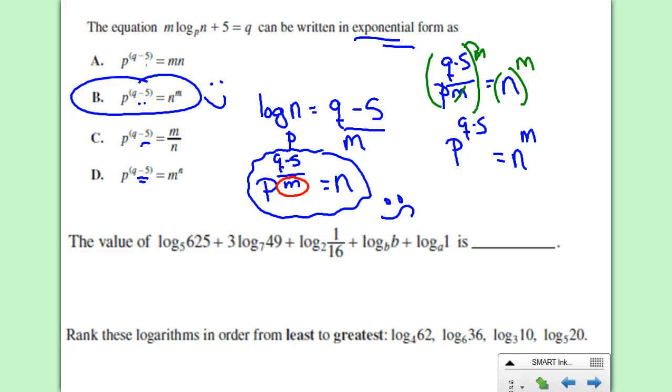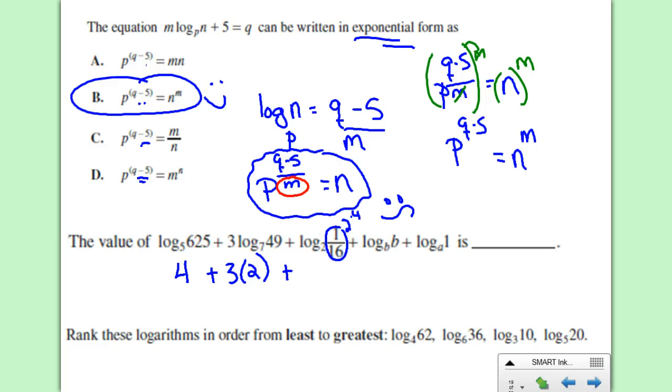Yay, B. Okay, we look at the next question. The value of this log is, and we evaluate each of those. What's the log of 625 base 5? Turns out that is 4. What's 3 log base 4 of 7? Well, that's 3 times 2. What's the log of 1 over 16? Well, that would be 2 to the minus 4, right?